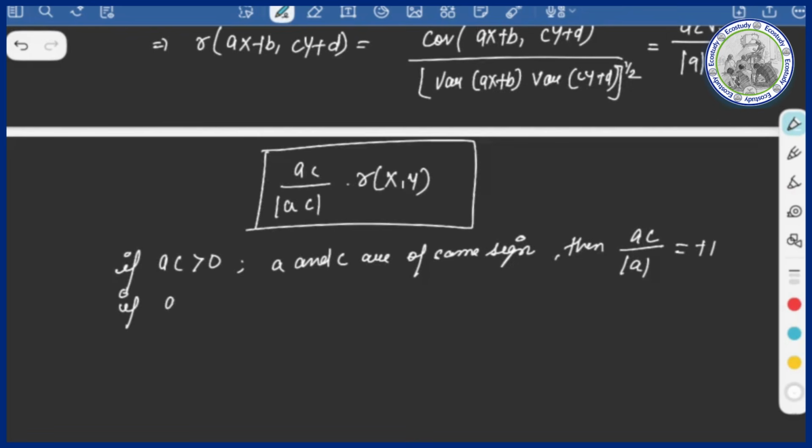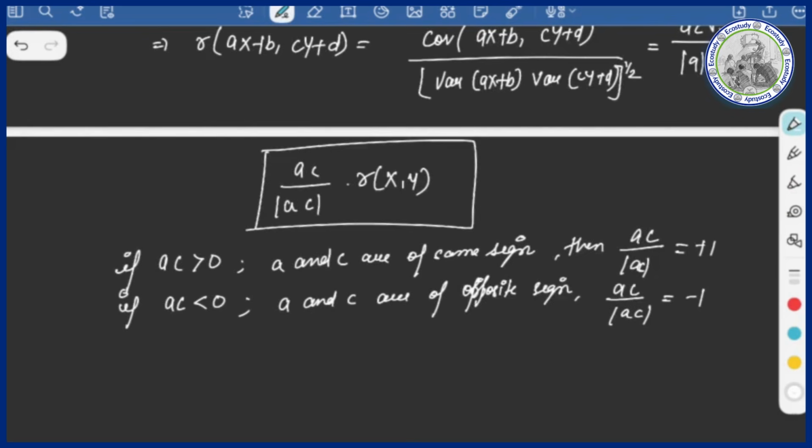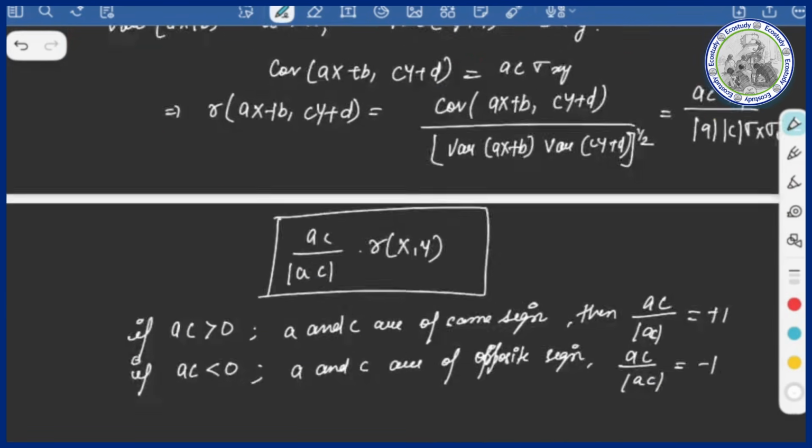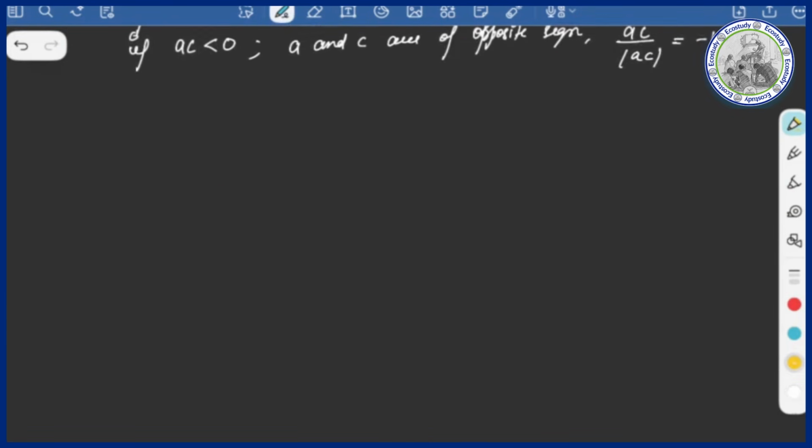Or if ac is less than 0, meaning a and c are of opposite sign, then ac divided by modulo of ac is equal to minus 1. So this is one of the corollaries. Now I move to the second theorem.